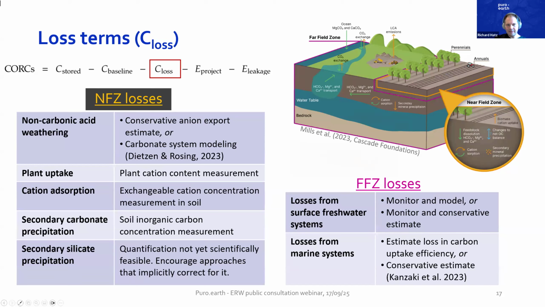And then it is worth noticing that the counterfactual weathering can also be a significant term, which is not here in this loss term per se, but that does need to be evaluated and discounted as the baseline term.